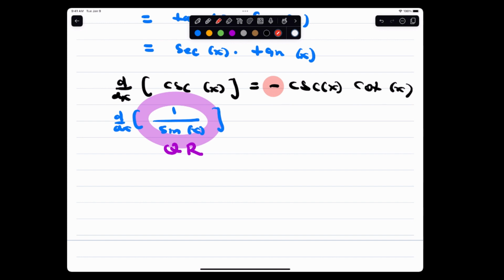So this is the derivative of sine, cosine, tangent, secant, cosecant, cotangent.